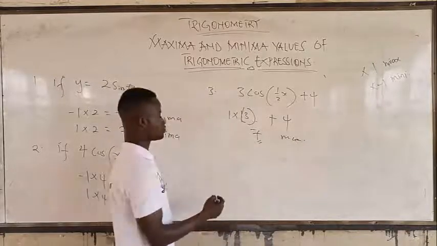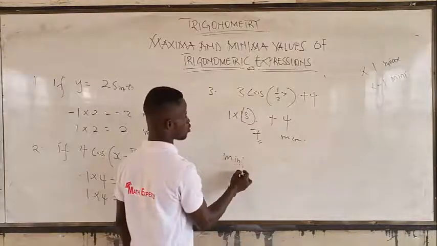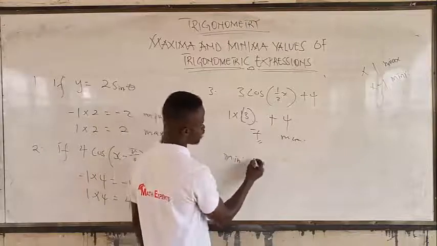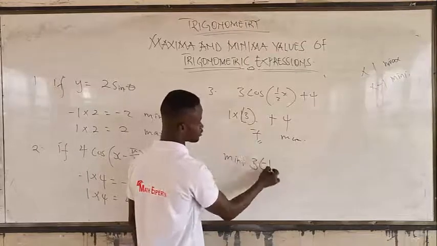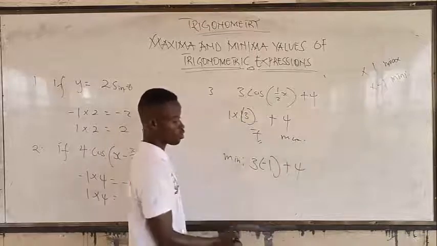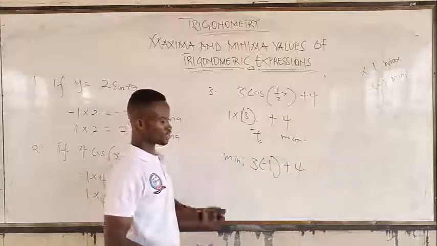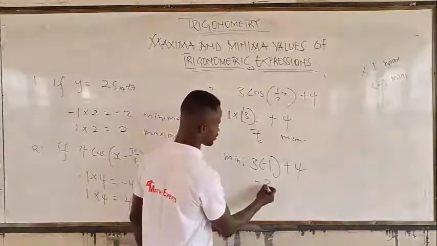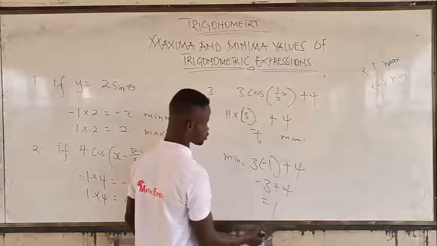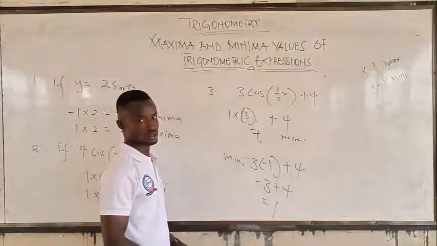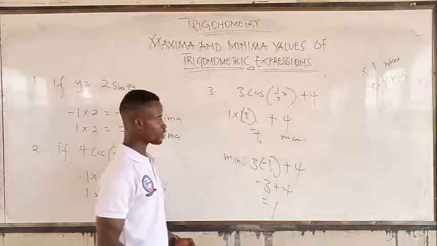For the minimum, you multiply this 3 by -1, then you add it to 4. And you can see the difference here. This will give you -3 plus 4, and the result is 1. I hope you can see that. Very good.